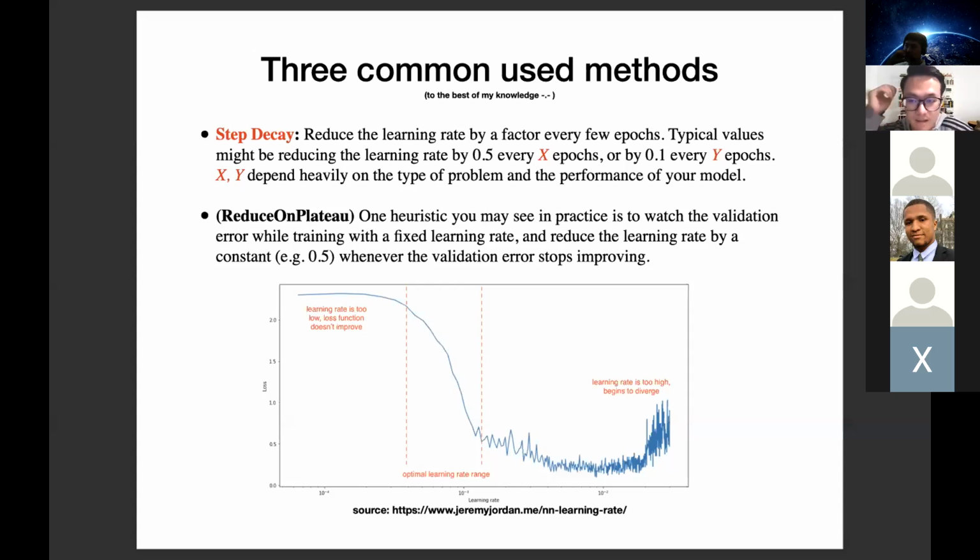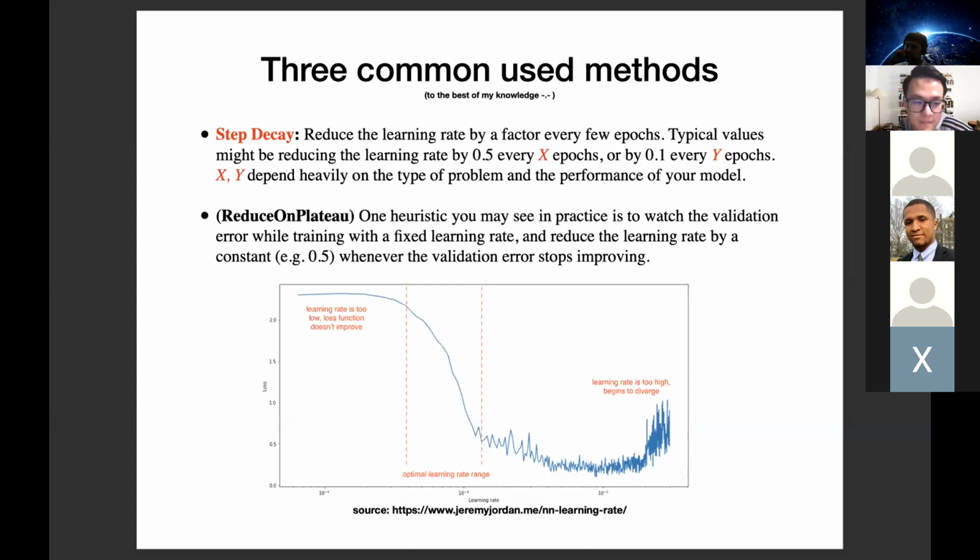Typical values might be reducing the learning rate by 0.5 every 10 epochs or every 20 epochs, or by 0.1 every 20 epochs. This depends very much on the type of your problem, your task, or your model.